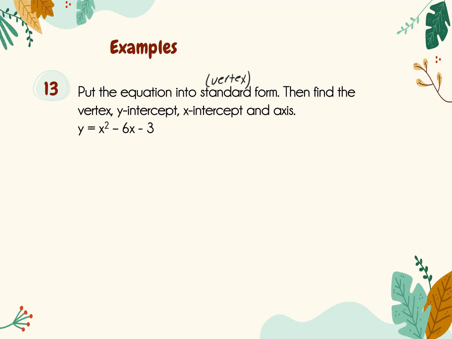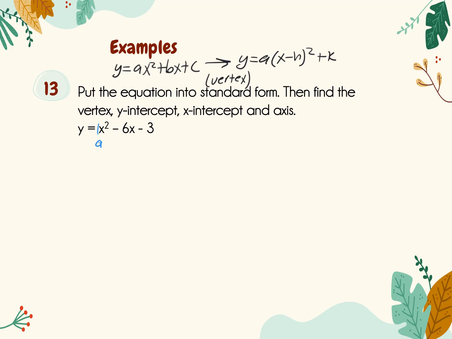To write it in vertex form, remember, I want to go from y equals ax squared plus bx plus c, and I want to turn that into y equals a times (x minus h) squared plus k. All right. So what we need is a vertex, right? So to find the vertex, again, I need to know what a, b, and c are.